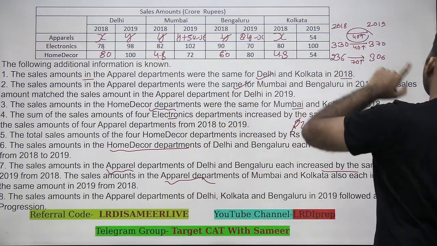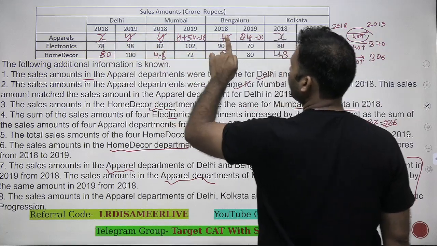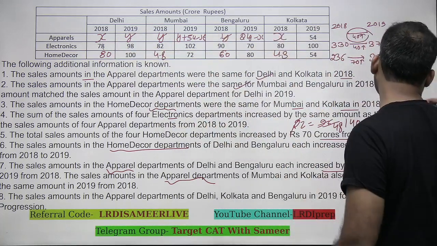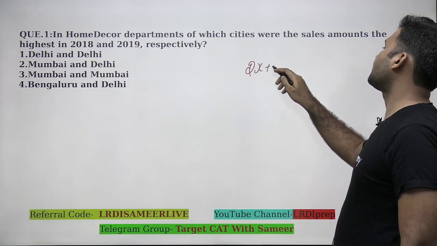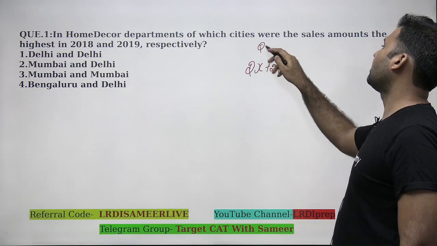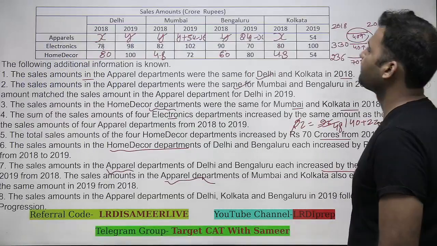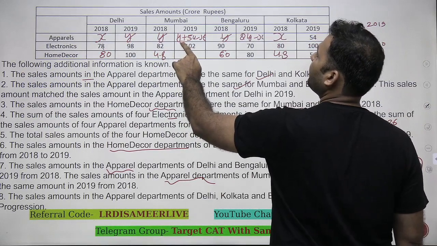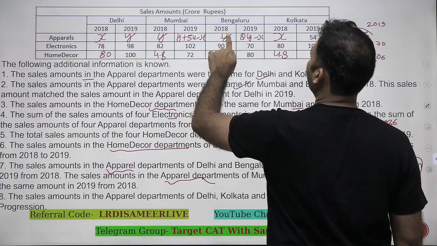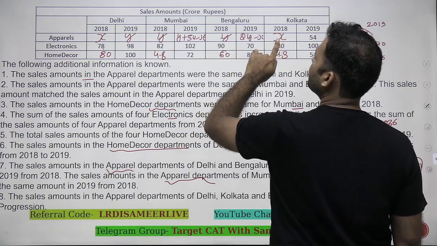Now the 18 to 19 increment is 40. Let's see the sale in 18: x plus y, x plus 2y plus x, 2x plus 2y. In 2018, the sale is 2x plus 2y. That is the total sale of 2018. Let's find out the total sale of 2019: y plus y, 2y, y plus y, 2y plus y, 3y, 3y plus x.